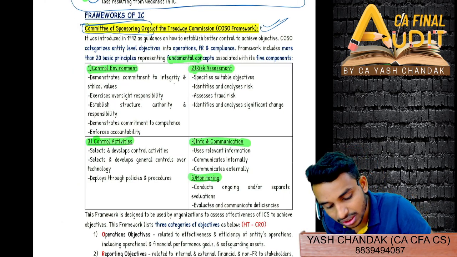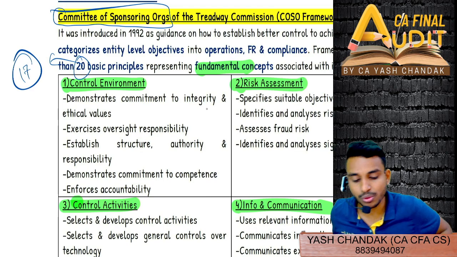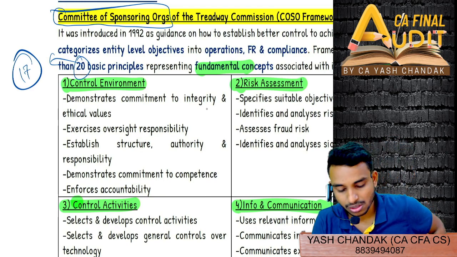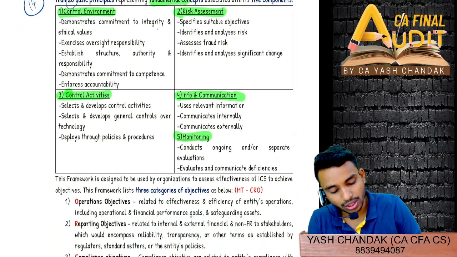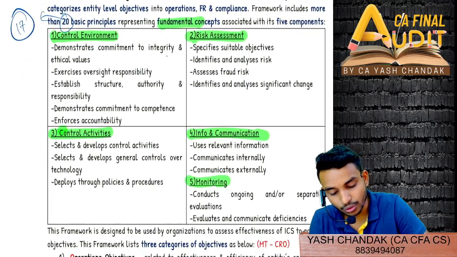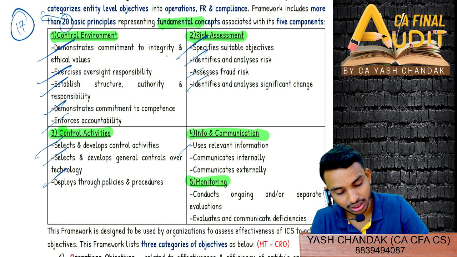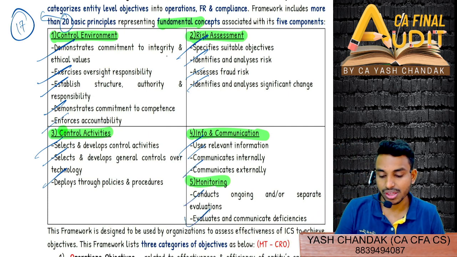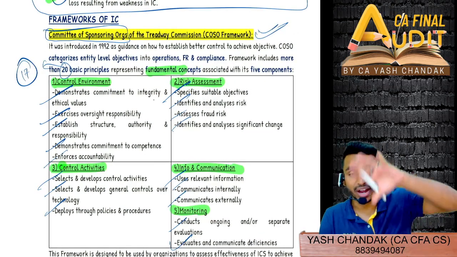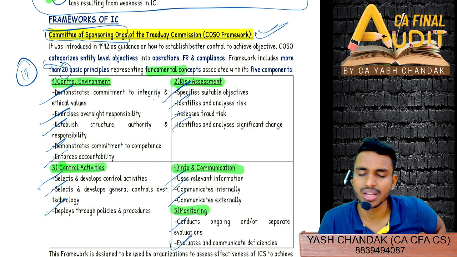In StudyMate they have written 20, but I know that they have reduced it to 17 basic principles. You can also mention 17 if you count there. See here, 17 only: 1, 2, 3, 4, 5, 6, 7, 8, 9, 10, 11, 12, 13, 14, 15, 16, 17. Okay? So 17 principles are divided amongst the five basic components of this COSO framework, and the five components are more or less the same.